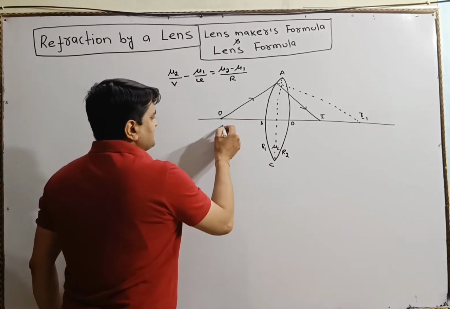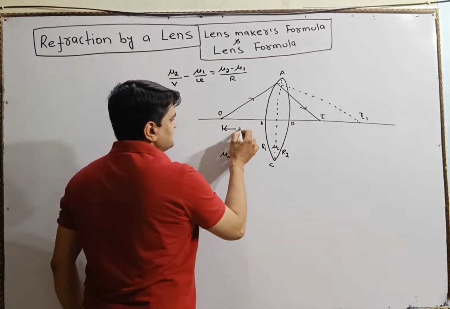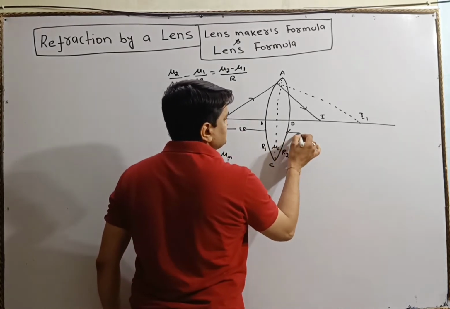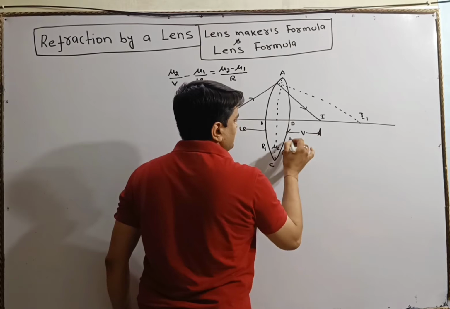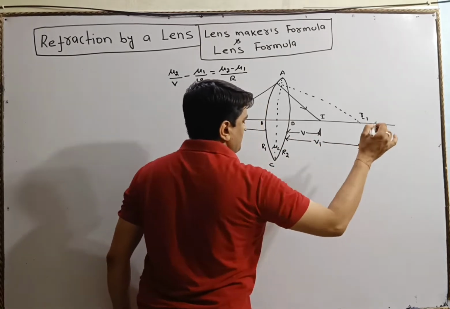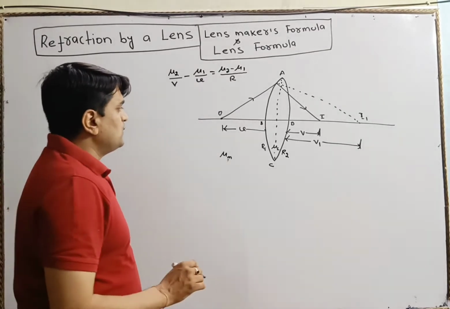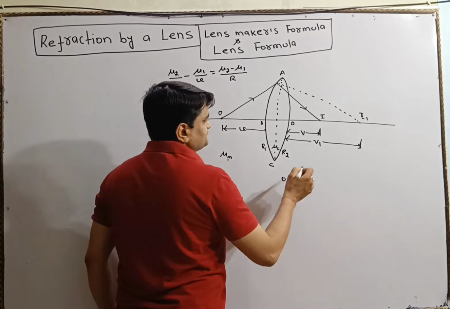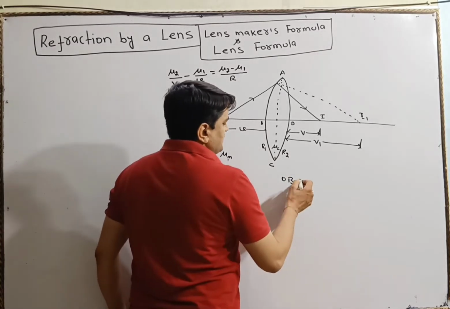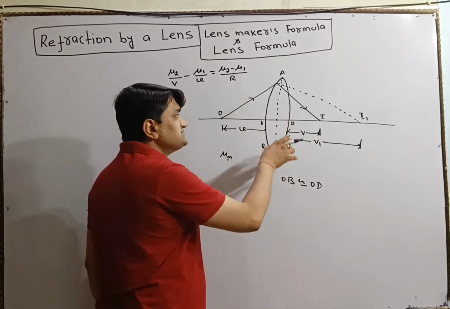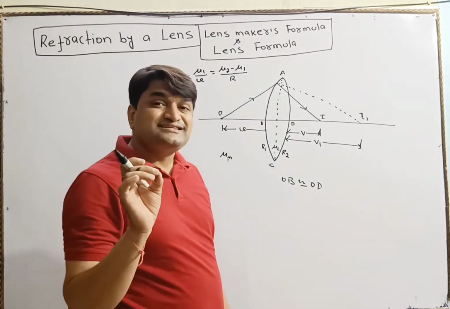This distance is U, this distance is V, and this distance is V1. Now let me explain. OB is approximately equal to OD, because we are considering the lens is thin.